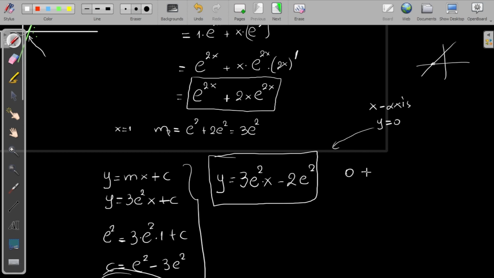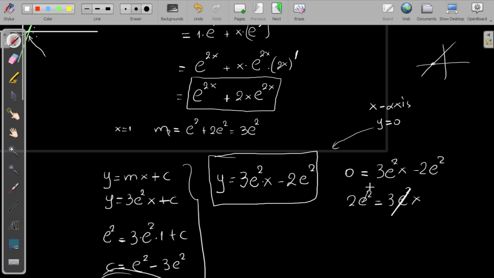So 0 equals 3e squared x minus 2e squared. So 2e squared equals 3e squared x.